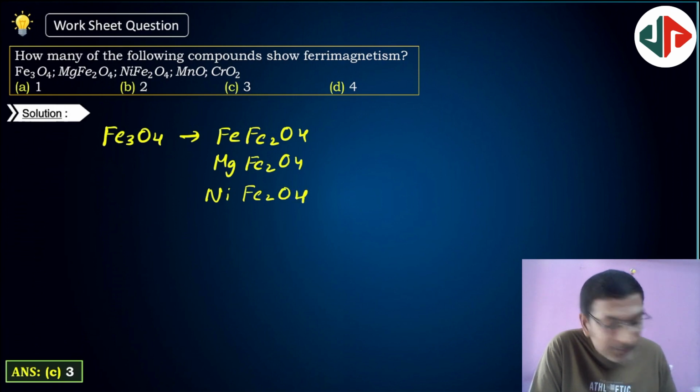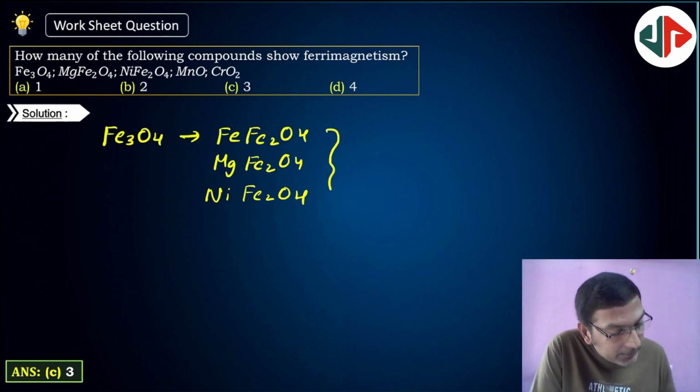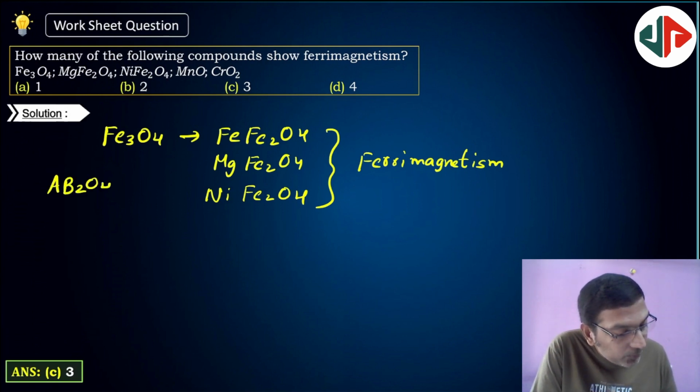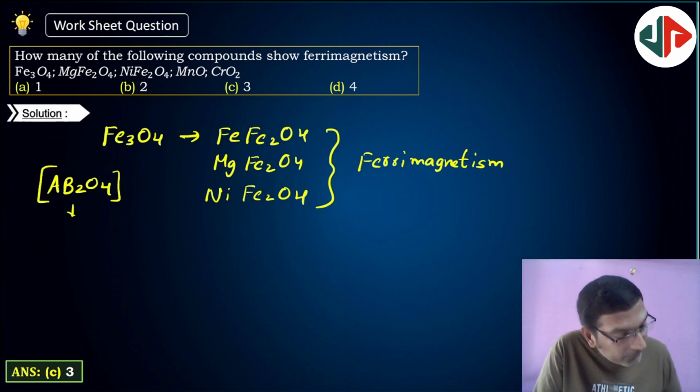These are similar compounds, so these can show ferrimagnetism. General formula: B2O4 like this.